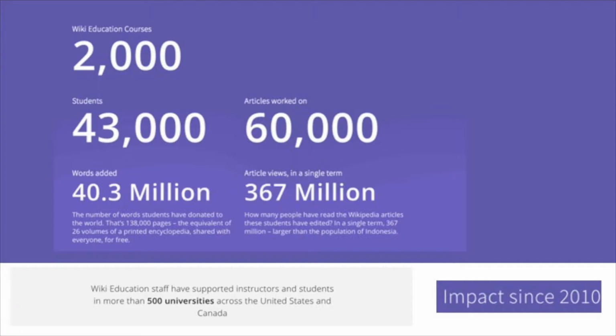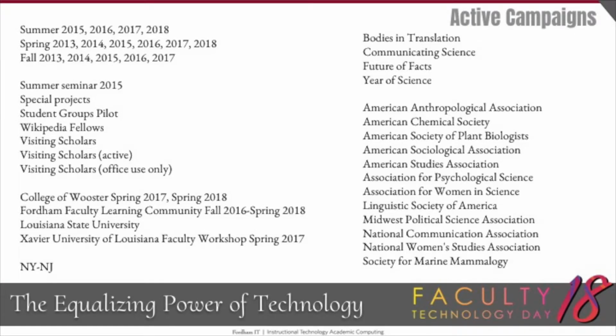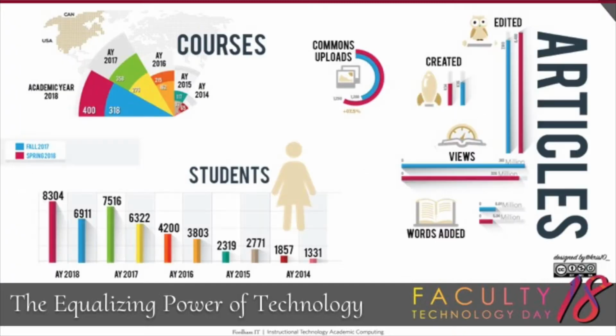So it's a fairly significant number. This is a list of some of the active campaigns sorted by topic, school, area, or association. I'm just briefly going through these. You'll have a copy of these to look at in more depth afterwards.